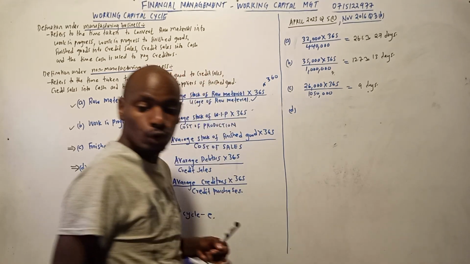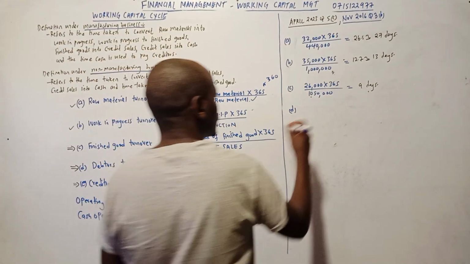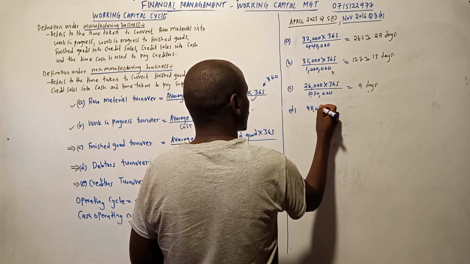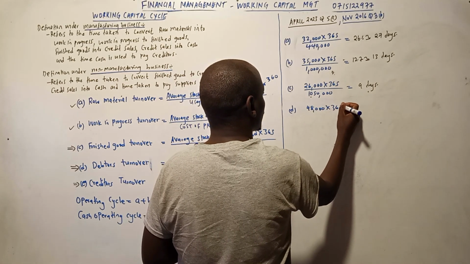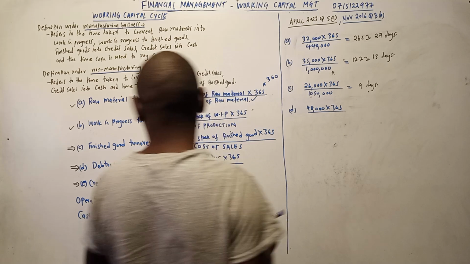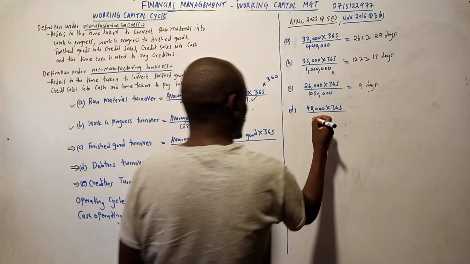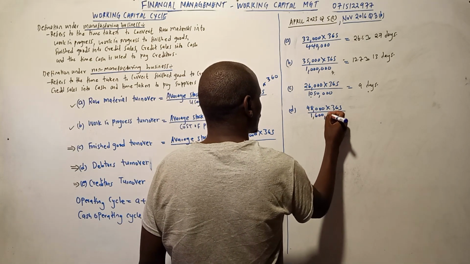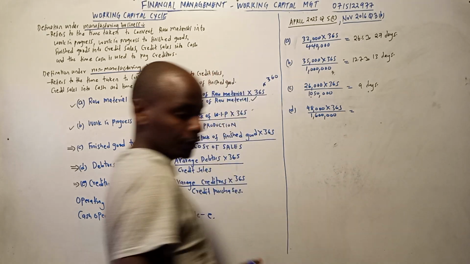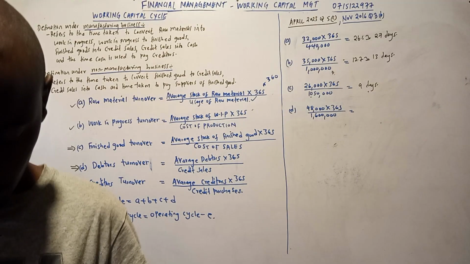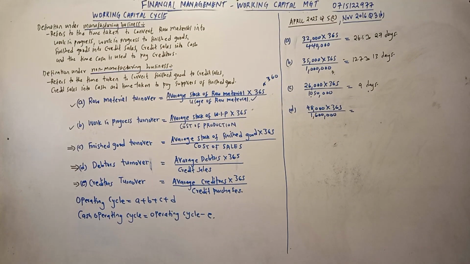So average debtors from above is 48,000. 48,000 times 365 over. Now for debtors we use credit sales. For our question, credit sales is the total sales of 1,600. We are going to assume the sales are on credit, because that is the only assumption we can make.